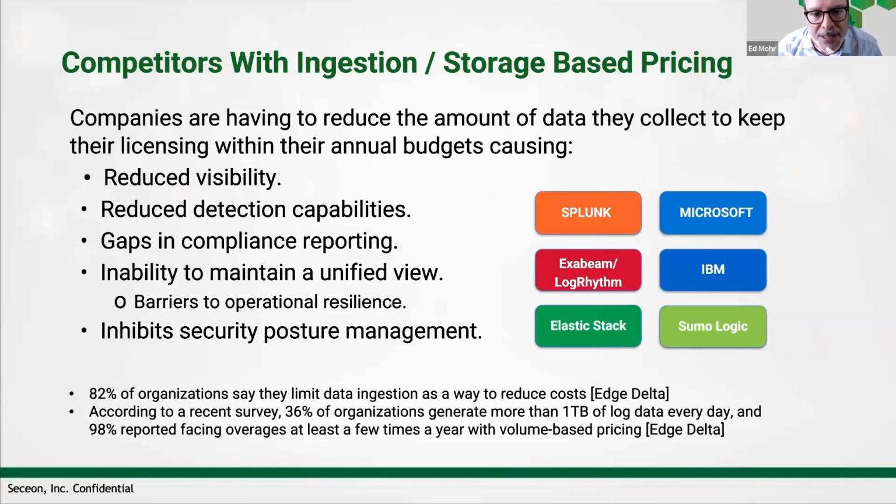Seceon's asset-based pricing is a big differentiator because you have to understand that if your pricing isn't predictable, then you're going to impact budgets, and this impacts their ability to even propose new initiatives, right? Because their CFO wants to have that predictability for their budget.